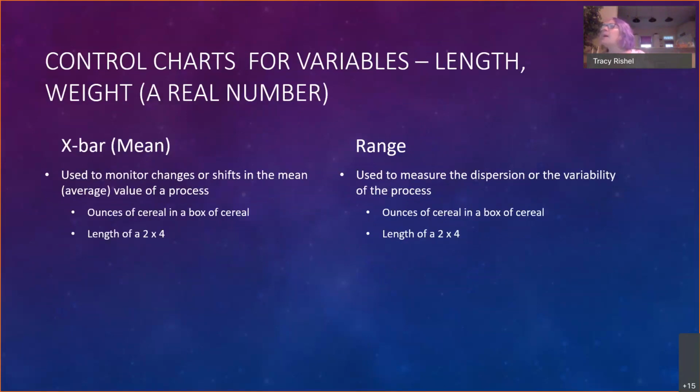All right. So one of the things that many companies use within their organization is called a control chart. It's very common, and control charts are used both in manufacturing and the service sector.